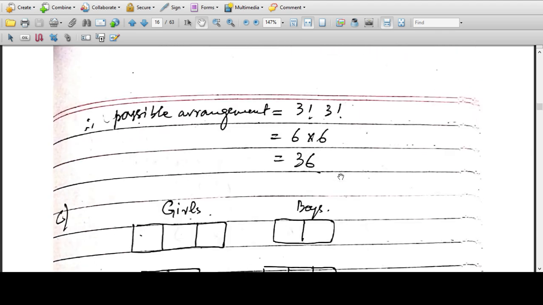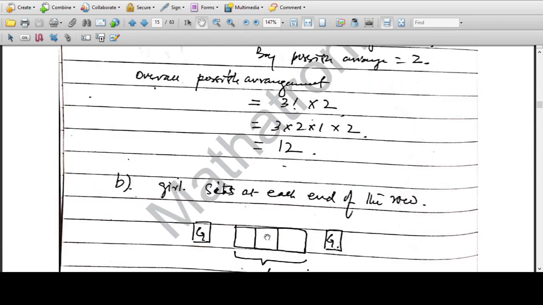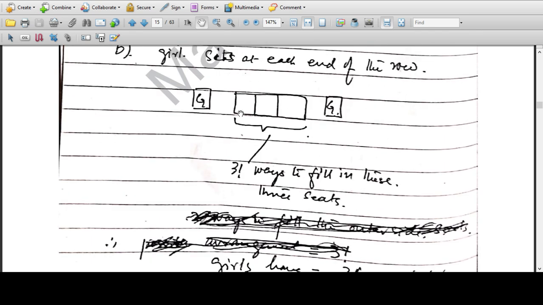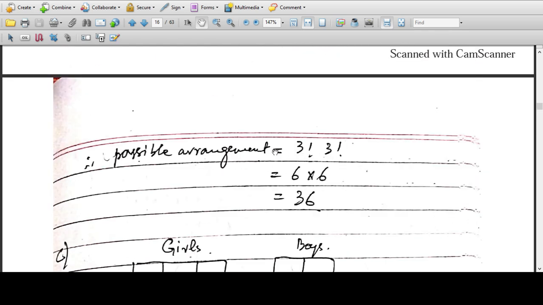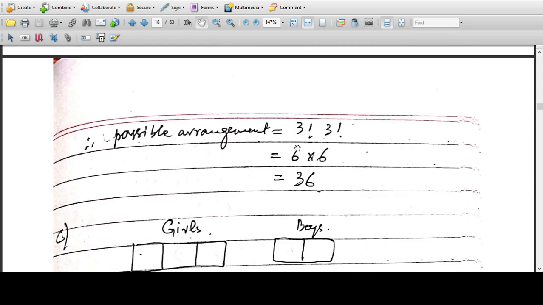So these are 3 girls, and there is another girl inside in this box. So 1 girl, 2nd girl, and the 3rd girl anywhere here. So the girls have 3 possibilities, and the 2 boys and 1 girl have 3 possibilities. So this becomes 3 factorial into 3 factorial, which is 36.